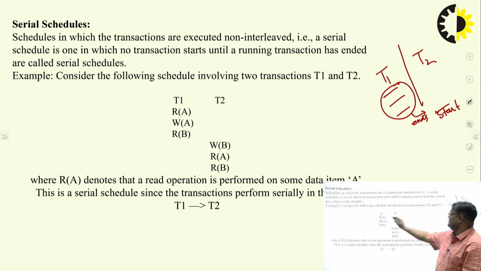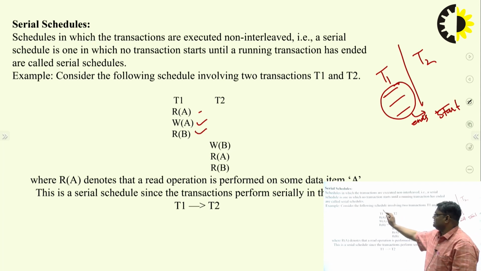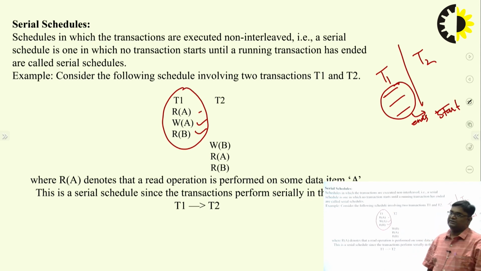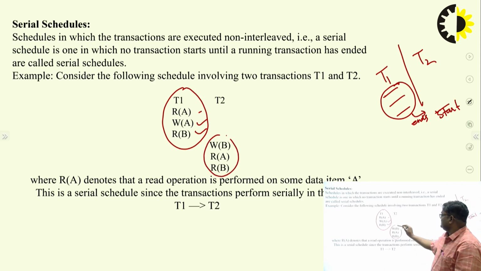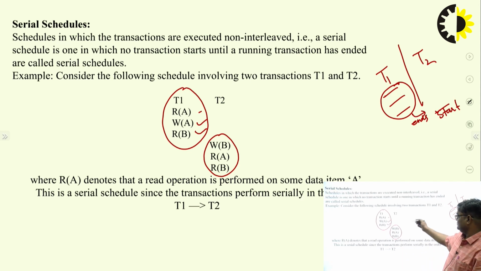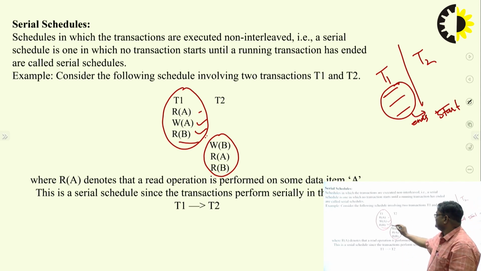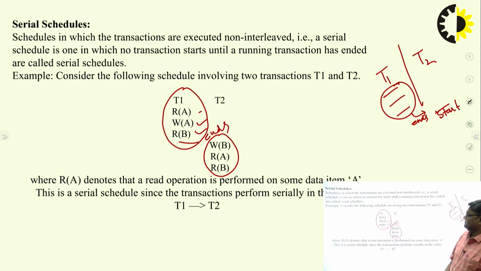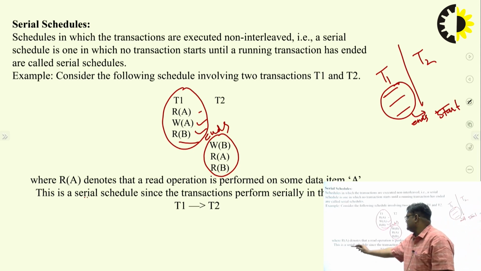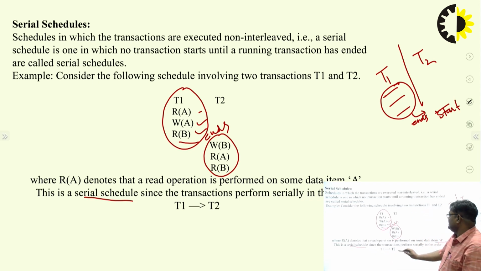Here we see T1: R(A), meaning read the variable A, W(A), write on A, and R(B), read on B. These are the instructions in transaction T1, and these are the instructions in transaction T2. T2 is going to start only when T1 ends, where R(A) denotes that a read operation is performed on some data item A. This is a serial schedule where T1 and T2 execute in order.